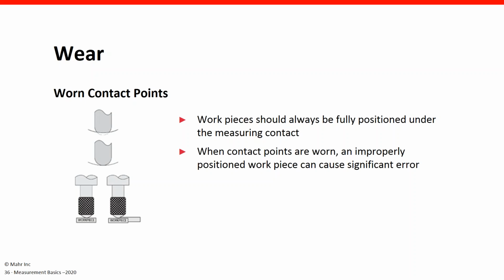It doesn't take much more than a daily look by a user before they can start noticing some wear conditions. We also want to push the part completely under the contact point, and if we don't do that properly, we can get some pretty significant issues.